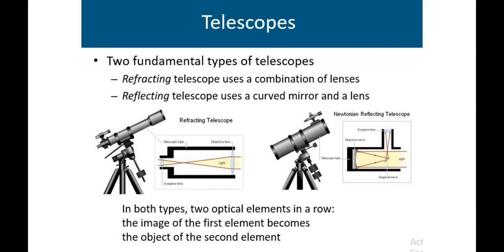Otherwise there is a more advanced telescope, which is more expensive and a little bit more complicated. It is the reflecting telescope. The Newtonian reflecting telescope is a combination of an eyepiece lens with a spherical mirror.